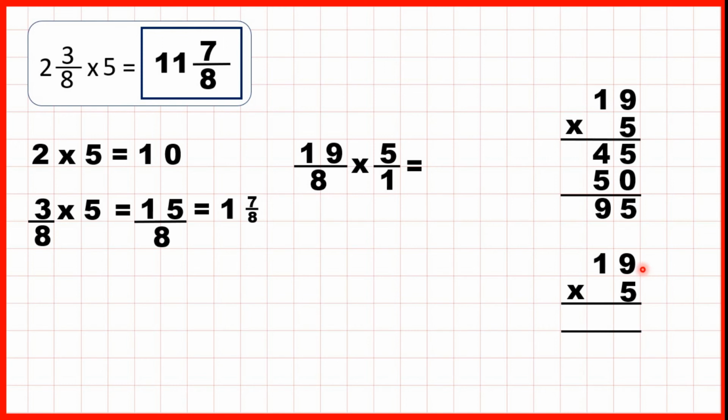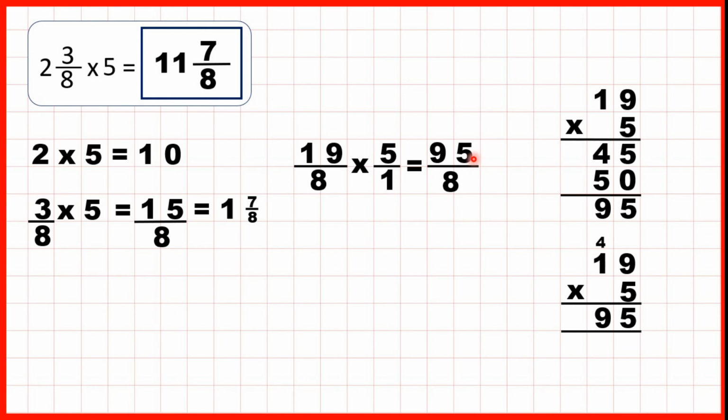Or using short multiplication, 9 times 5 is 45, so 4, 5. 1 times 5 is 5, plus 4 is 9. So 19 times 5 is 95. The denominator stays the same because 8 times 1 is 8.